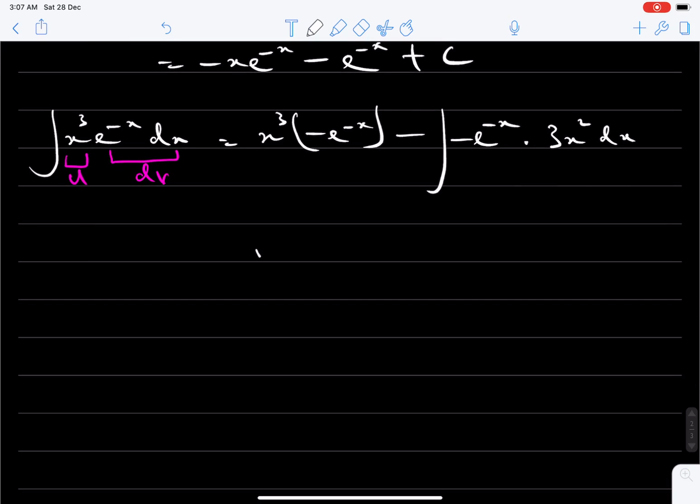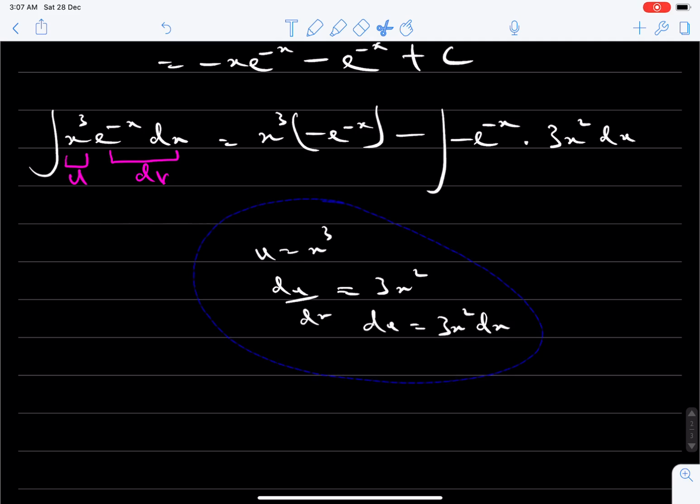How did I get that? If u is x cubed, du/dx is 3x squared, and that means du is equal to 3x squared dx. That's just by cross multiplication simply.